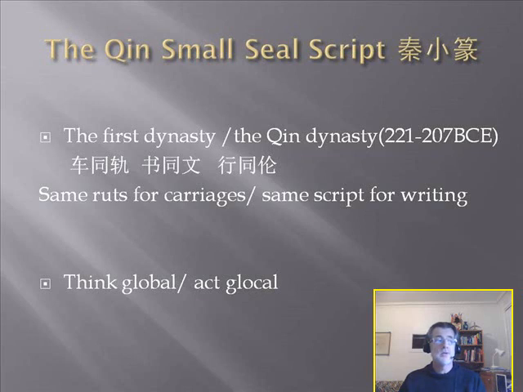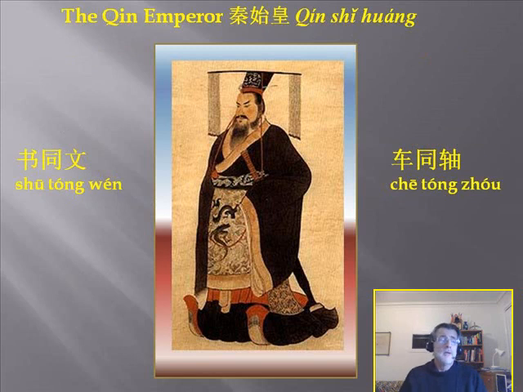But the Qin emperor, who was known as Qin Shi Huang, which means the first emperor, or the founding emperor, his contribution to history is quite amazing in the sense that at the time he was the first emperor really to unite a number of warring states.